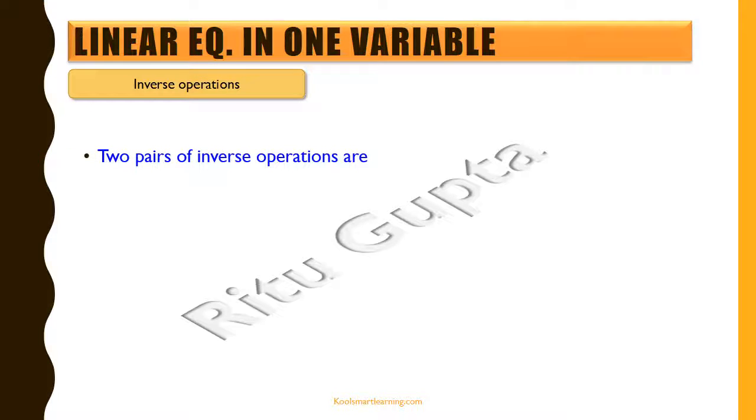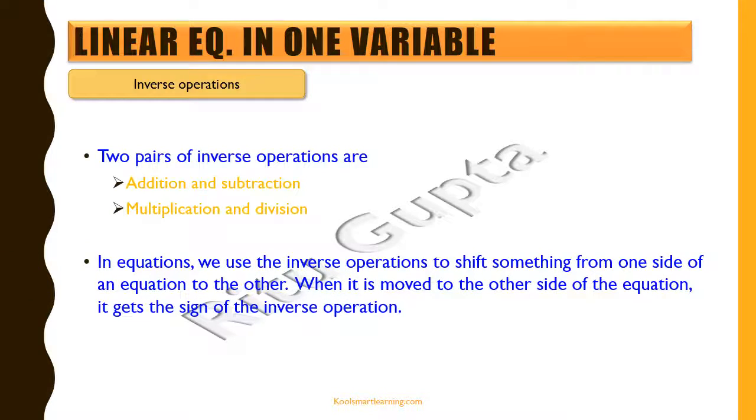So if we talk about what are inverse operations? In mathematics, we have two pairs of inverse operations, and we all know addition and subtraction is one pair and multiplication and division is the second pair of inverse operation. Now in equations, we use the inverse operations to shift something from one side of an equation to the other.